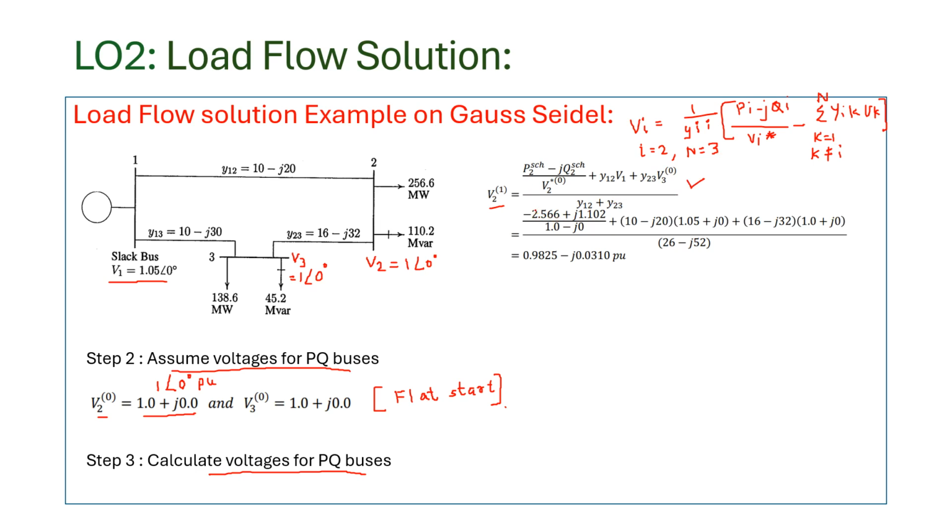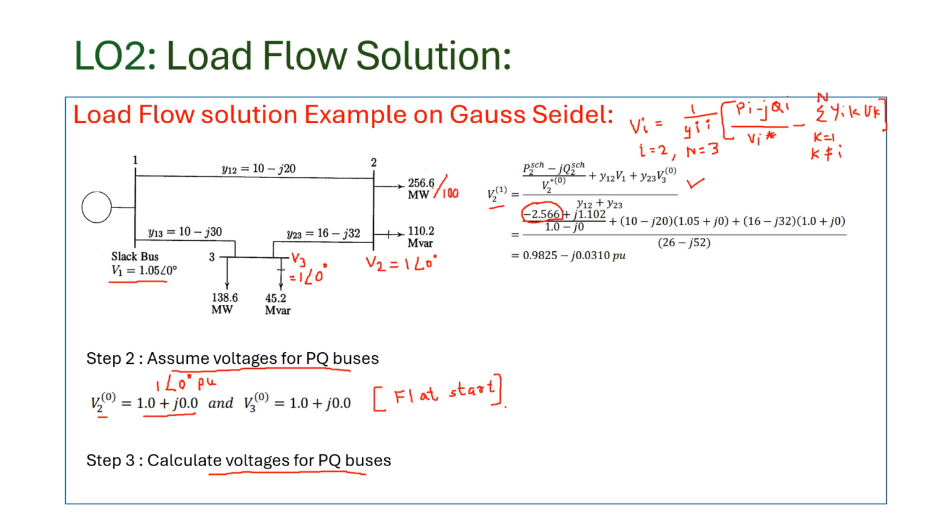Now here P2 is the active power at second bus, but note that it is written as minus 2.566. So how do we get this minus 2.566? It is per unit. Remember, all the terms in the equation are in per units. So this is 256.6 divided by base.